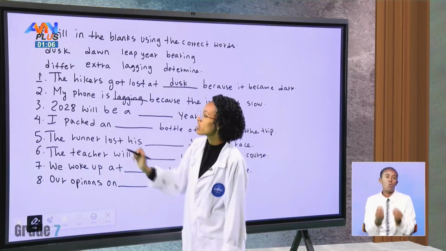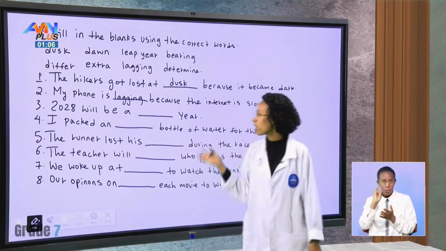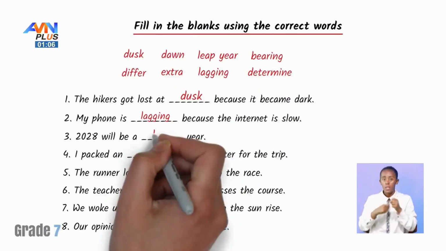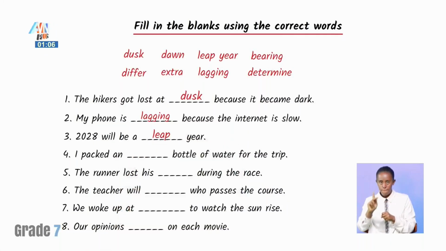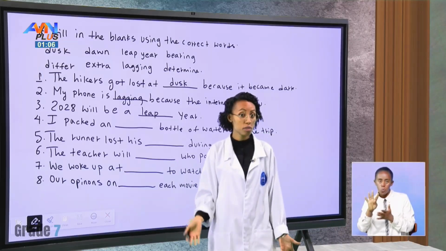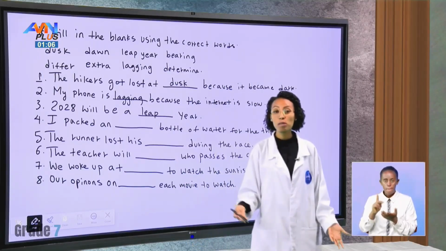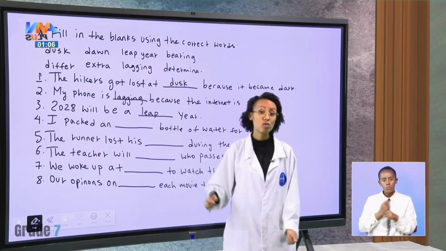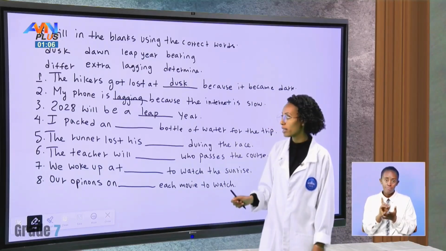Number 3, 2028 will be a year. A what year? A leap year. So if you remember earlier, we said 2024 was a leap year. And we said leap years happen every 4 years. If that is the case, then 2028 will be a leap year.